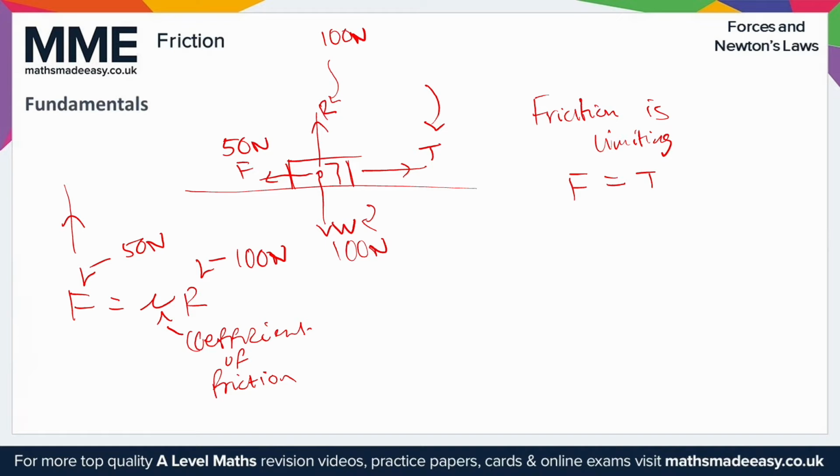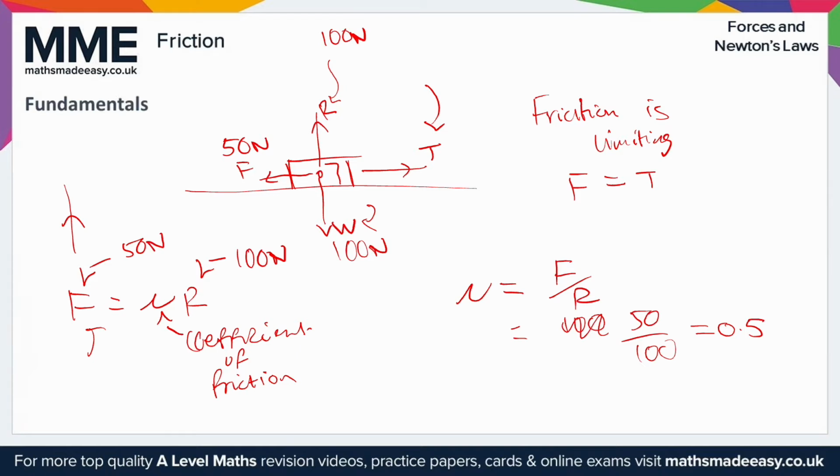So now we can quite easily work out the coefficient of friction by just doing a little bit of rearranging. So mu will equal F over R. Sub in our values, then we'll have 50, because that's our F here, over 100. 50 over 100 is 0.5.